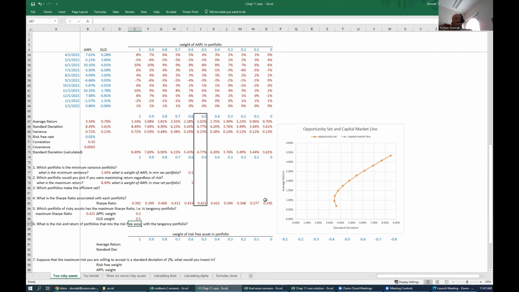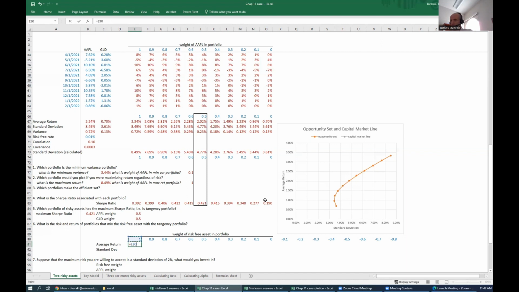So I'm going to mix the tangency portfolio, the 50-50 portfolio, with different shares of risk-free asset. So let's see how that is going to work. I'm going to call this the weight of risk-free asset in a portfolio. And let's calculate the average return of that portfolio.